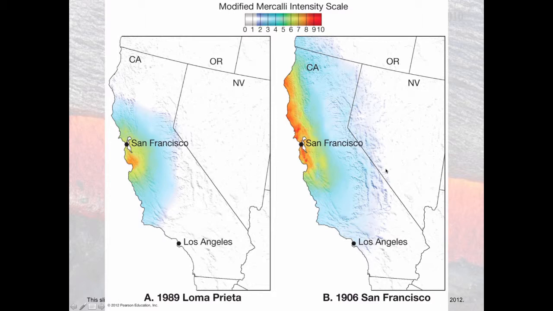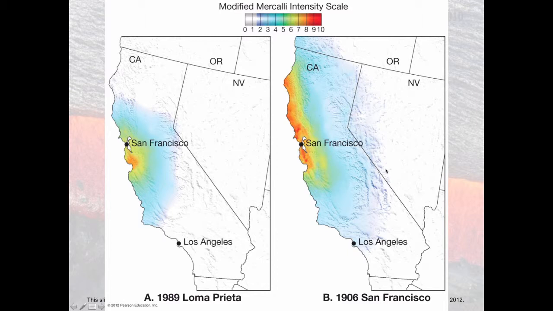Looking at 2 different earthquakes in Earth history, the 1906 San Francisco earthquake, a famous one, as well as the 1989 Loma Prieta quake that destroyed the Bay Bridge and caused extensive damage.